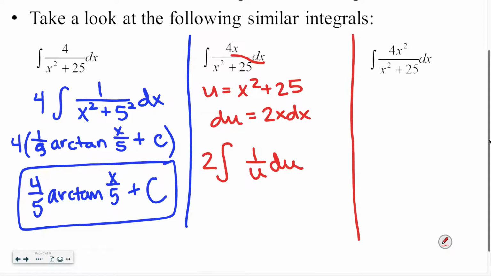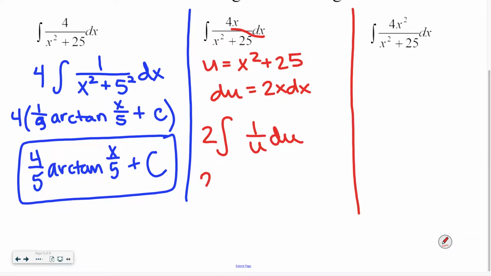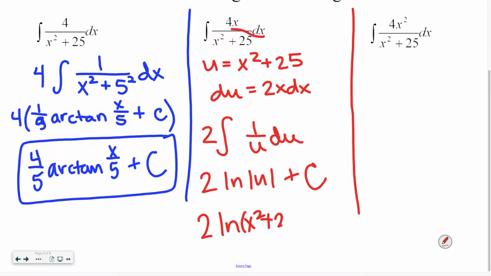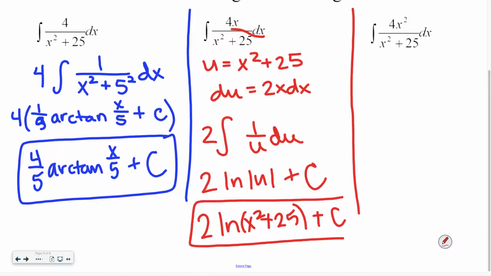Okay, so our antiderivative is natural log of the absolute value of u. But since u is x squared plus 25, you wouldn't have to put the absolute value because x squared plus 25 will always be positive.